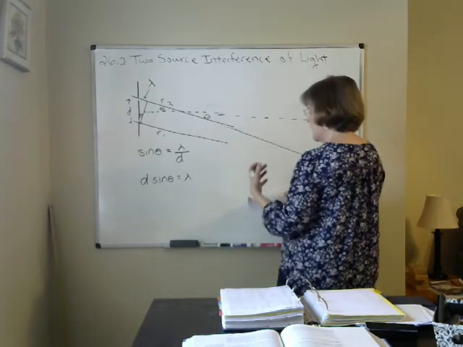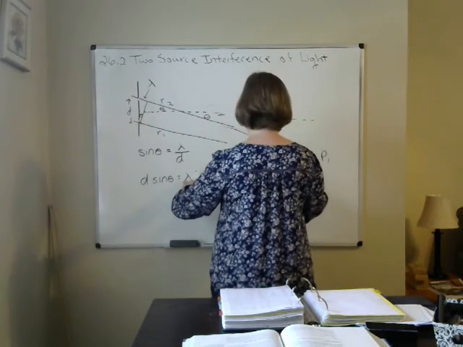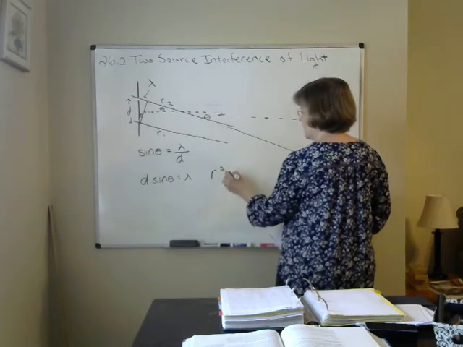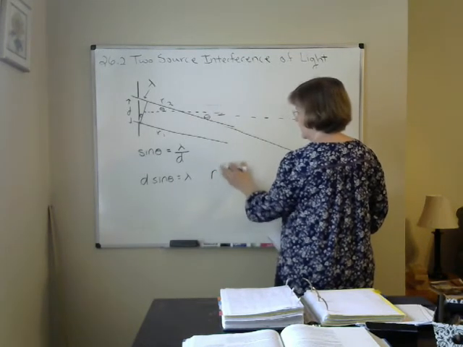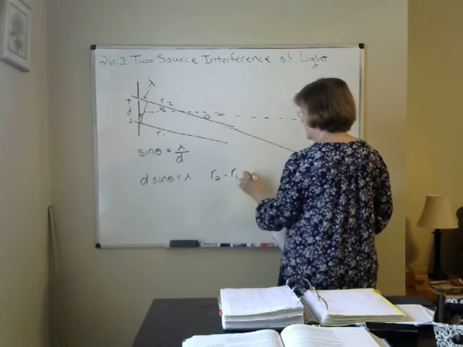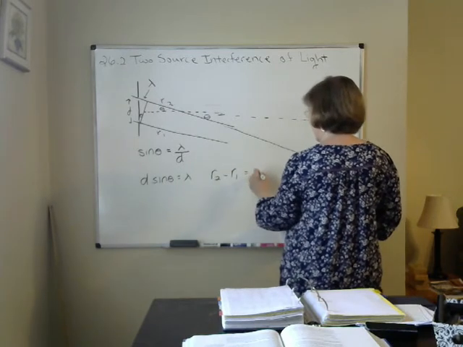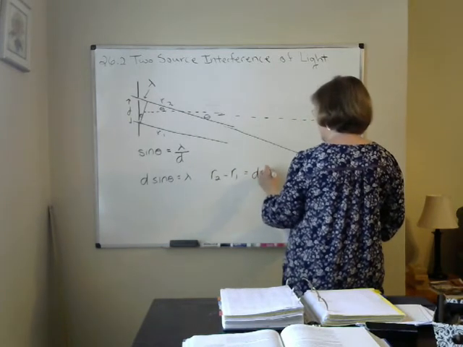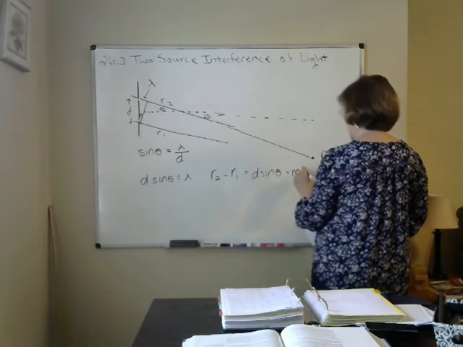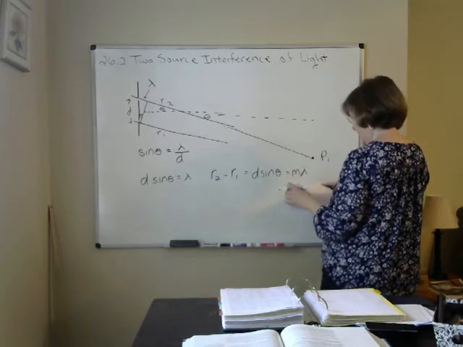What we're going to find is that other relationships can occur at any multiple. So basically I have that R2, whoops, not R squared, R2 minus R1 has to equal, we already said it has to equal a multiple of this, but that is going to be d sine theta or m lambda.